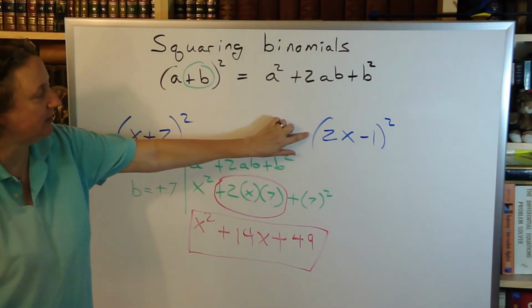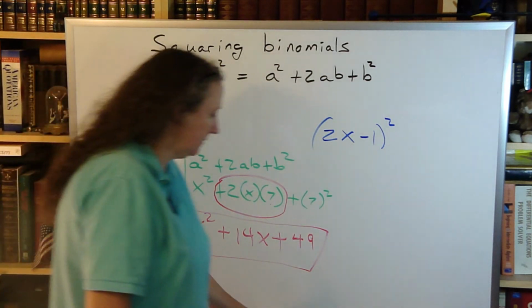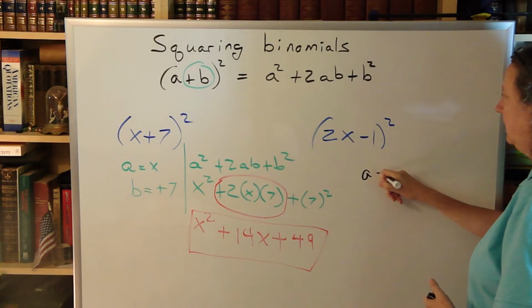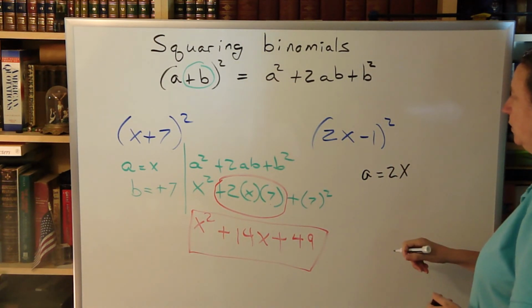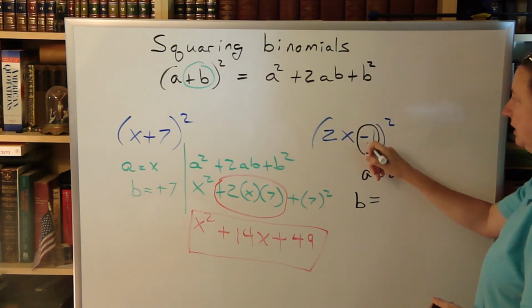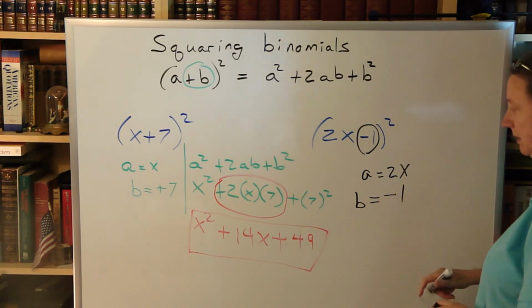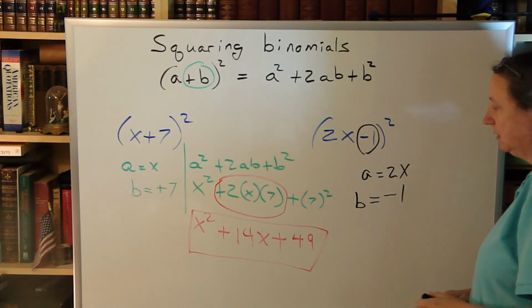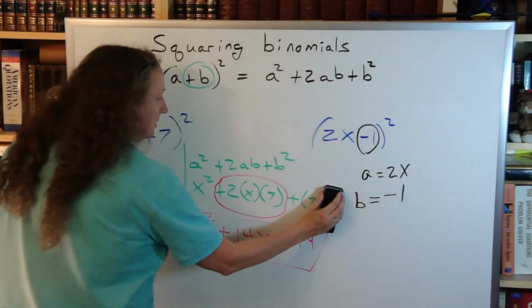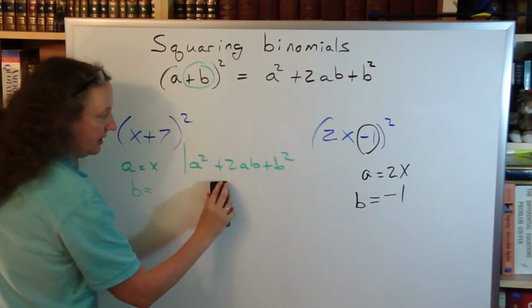Looking at the other problem over here, identify what is A. A is 2x. What is B? B is, and I'm going to include that sign in there with it, B is negative 1. Then I'm going to plug those numbers in to my formula right here.